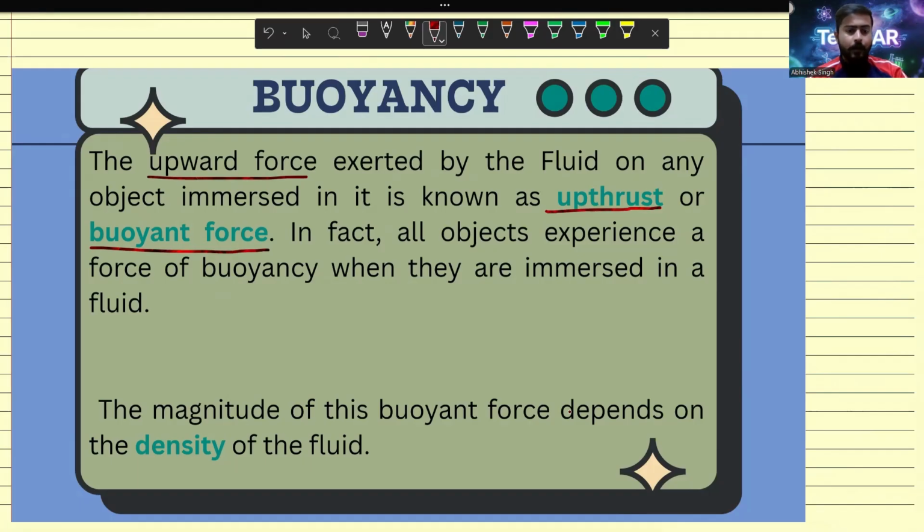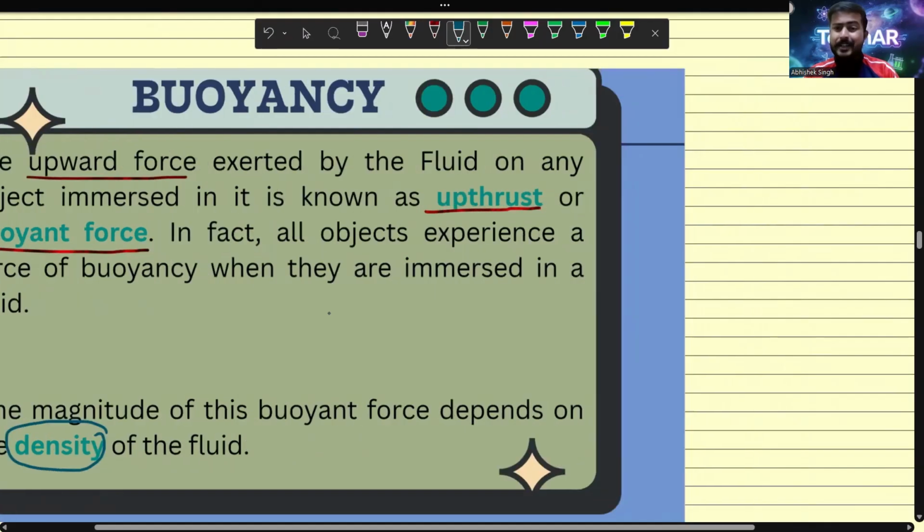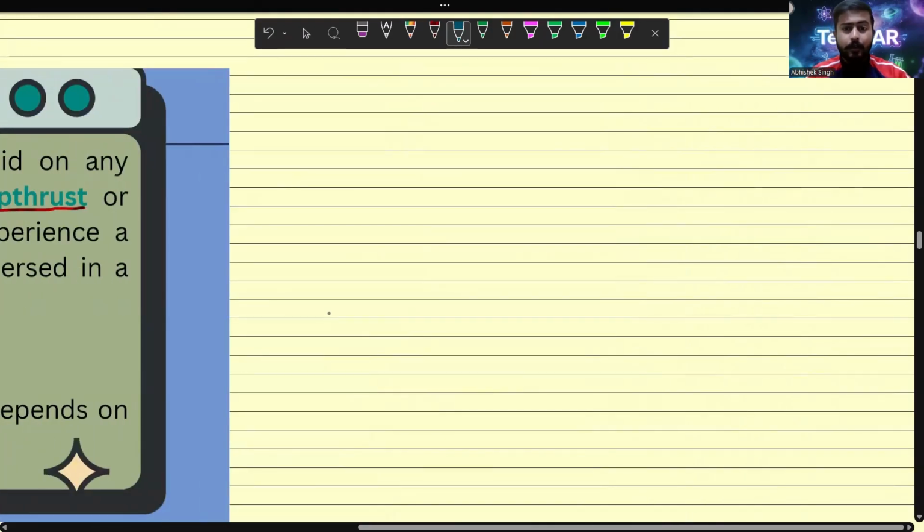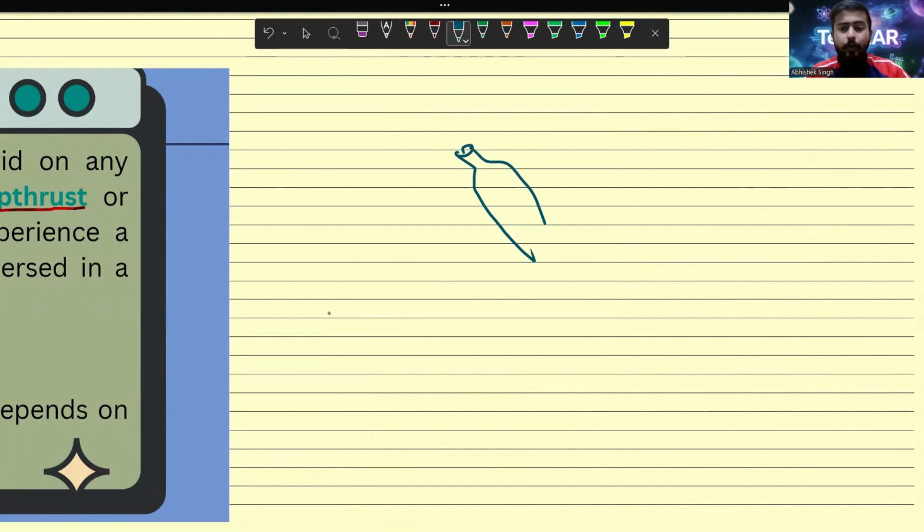Now, the magnitude of the buoyant force depends on the density of the fluid. Here is one more important term that we need to discuss, density. So suppose we take the example of the same plastic bottle. The weight was acting downwards, and it is right now immersed in a liquid, water.